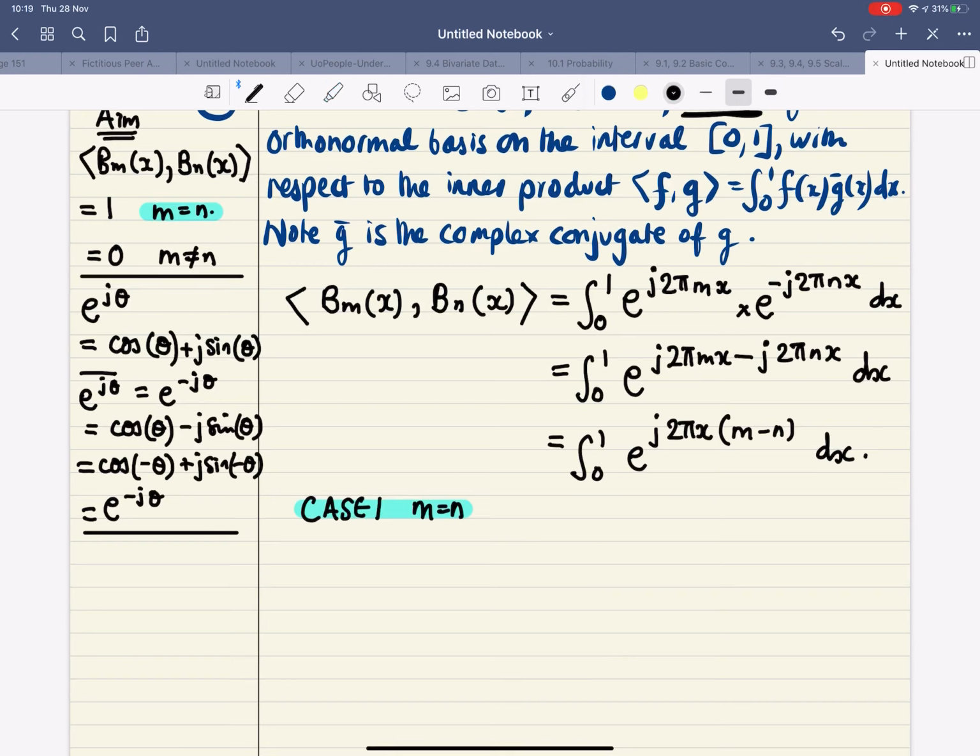If we let m equal n, then n minus n equals 0, so that bit there, m minus n, is going to be 0. So this is actually going to be e to the 0, so it's the integral from 0 to 1 of e to the 0, which is 1. Case 1.